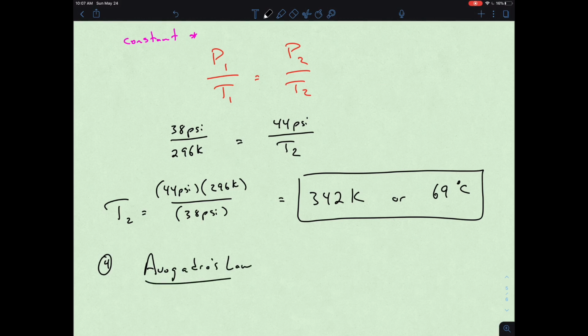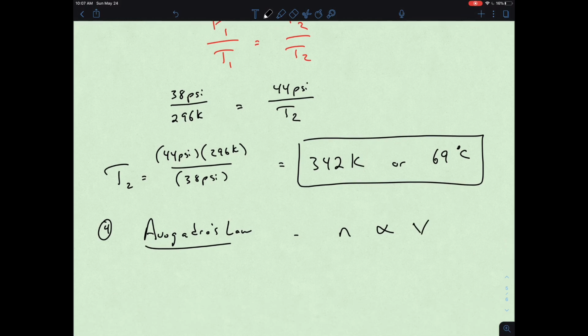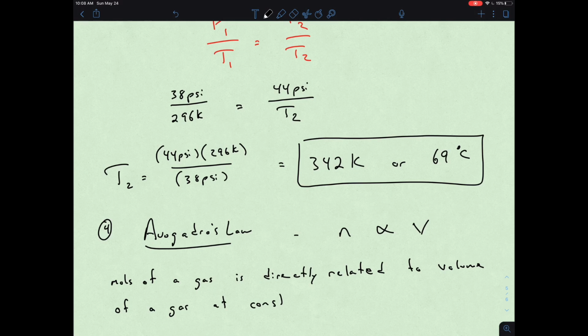That's Avogadro's law, and Avogadro's law basically says that moles is directly proportional to volume, so long as we have those other constants, at constant pressure and temperature.